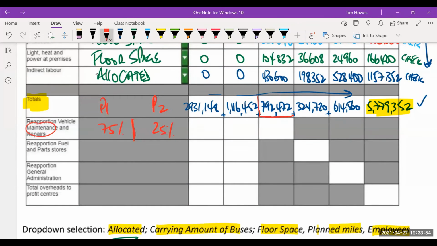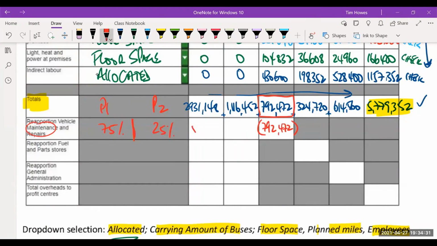So literally, I am now going to take the 792,472 that is in the maintenance department, and I'm going to share it, reapportion it between P1 and P2 on this basis. So again, Ramesh, this is where we talked about having to read what the question says, read whether it tells you to use brackets or minus signs or anything like that at the end of the day. All right, great. And so literally 75% of the 792,472 needs to find its way into P1.